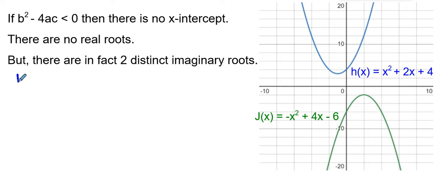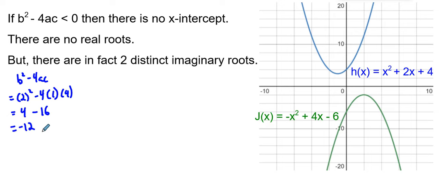So we're looking at b squared minus 4ac, and for the b value, I'm putting in my 2, minus 4, a is 1, c is 4, and this will be 4 minus 4 times 1 times 4, which is 16, and we'll get -12. So certainly the discriminant is less than 0. I'm not going to have any real roots, and sure enough, the parabola does not ever intersect the x-axis.